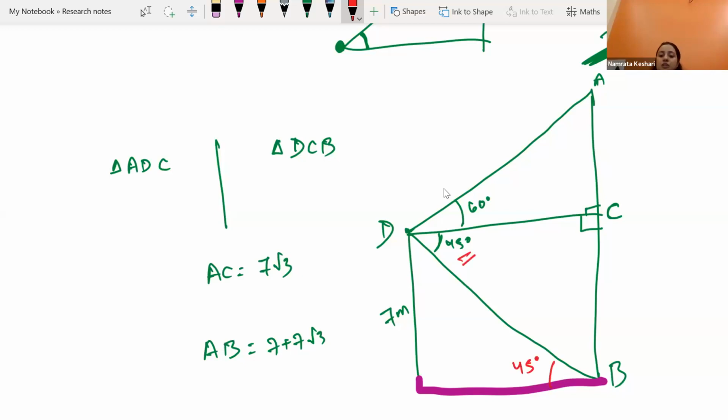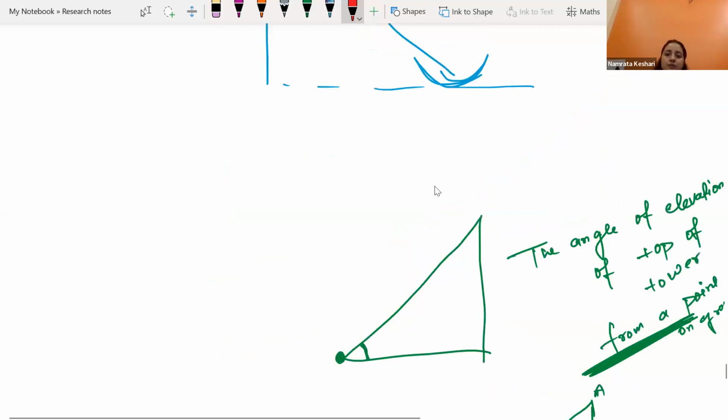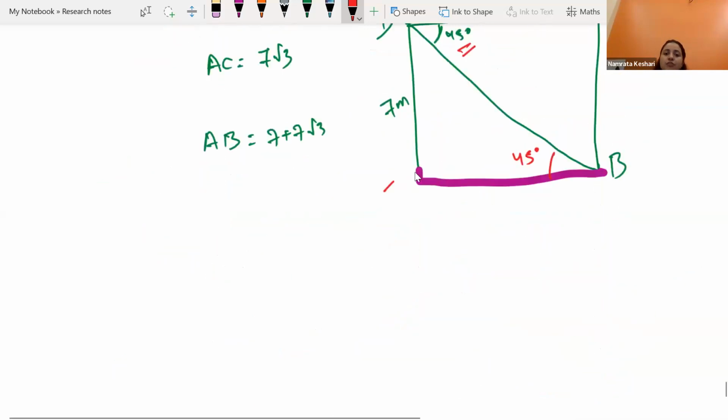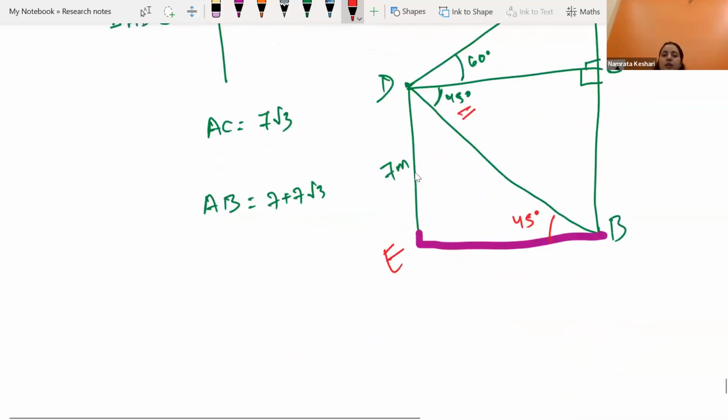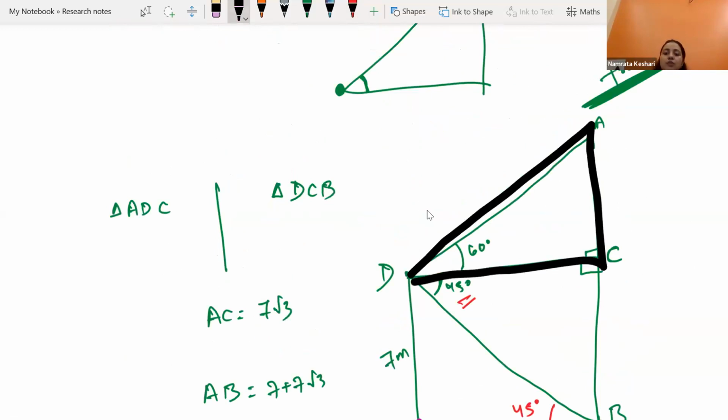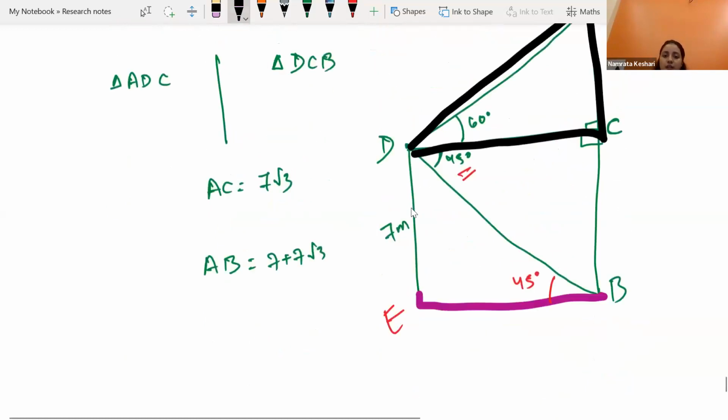Now we will focus on this triangle. That was E. Let me highlight it. This triangle.